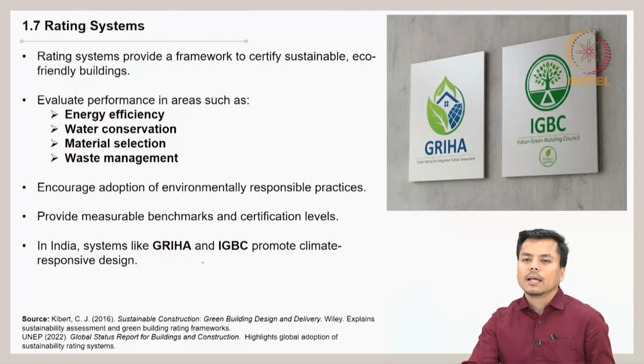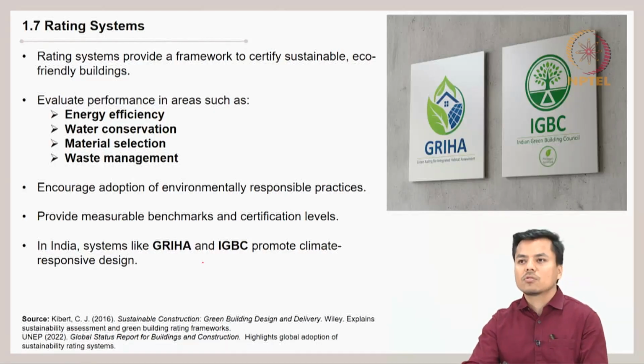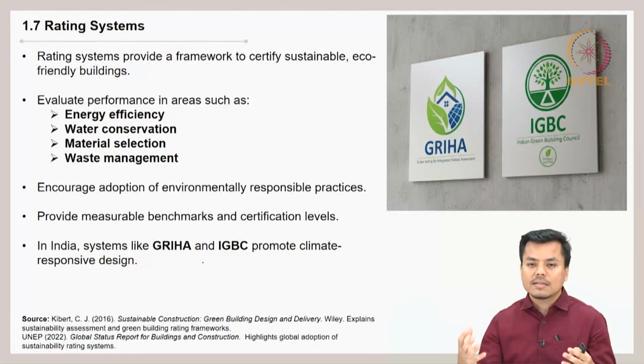At a later stage. The next is on rating systems. So rating systems provide a framework to certify sustainable and eco-friendly buildings. There are some organizations like GRIHA, IGBC. These are the acronyms which are very much common in the building industry, and these are used to define the percentage of sustainable building.